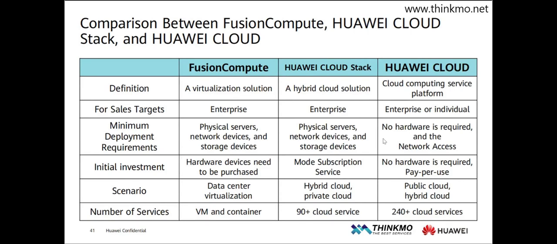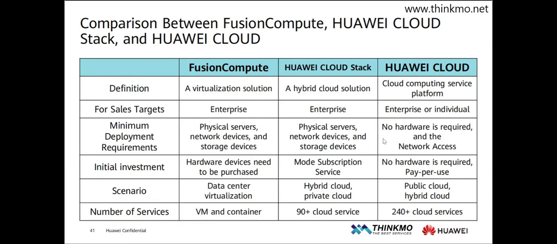Now, regarding this, in terms of the total number of services we offer, Fusion Compute mainly provides services related to VMware virtualization containers. As for Huawei Stack, since we are offering a private cloud service, and Huawei's involvement in this area hasn't been very long, we currently provide over 90 cloud services.